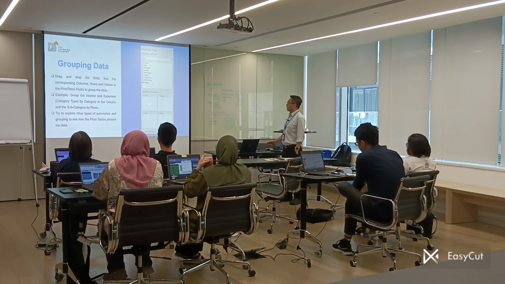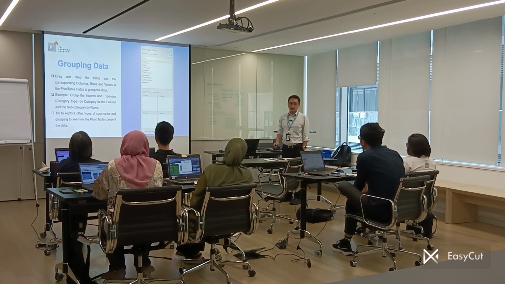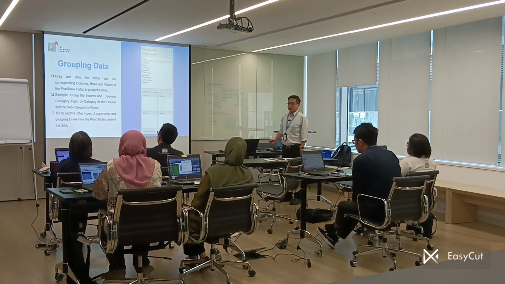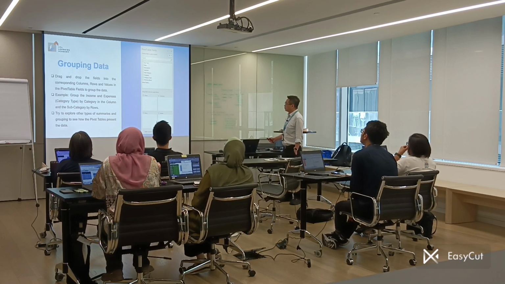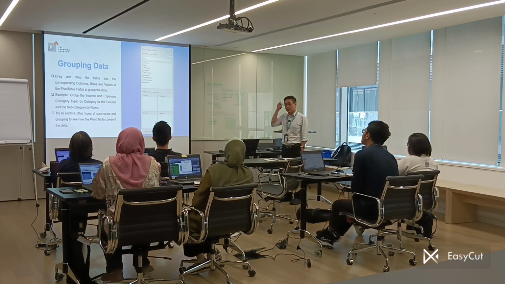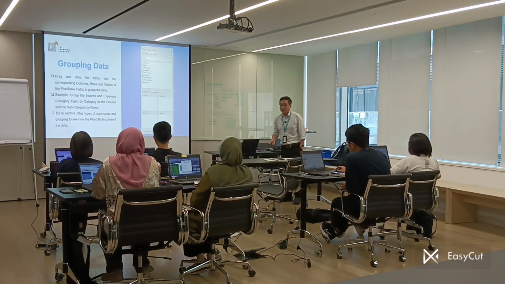So that's one way. There will be many other ways for you to present your data in a meaningful format. So maybe let's take 5 minutes and with this information that you have, play around and see whether you can come up with different scenarios. Let me know if you have any questions.